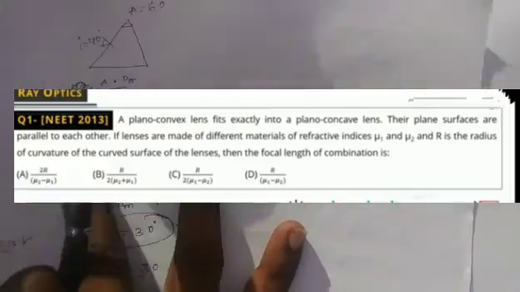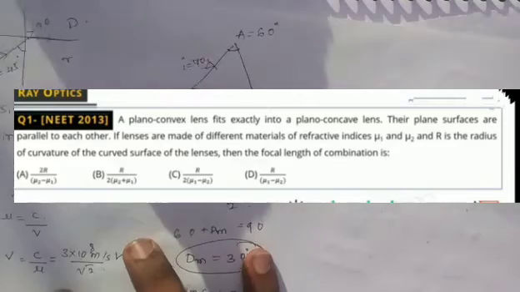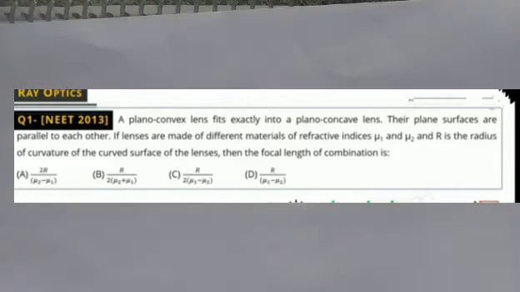In this problem we consider a plano convex lens, and this plano convex lens exactly fits a plano concave lens.